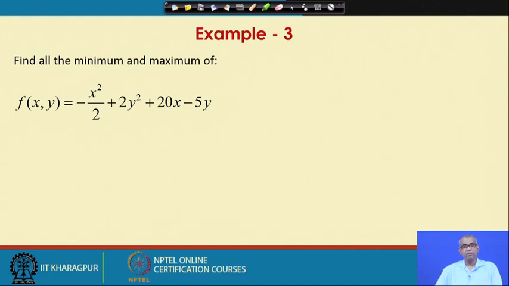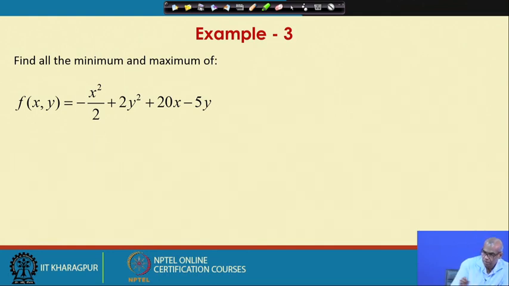So, let us take the third example. Again you have a function of two variables, minus x square by 2 plus 2 y square plus 20 x minus 5 y. So, again let us do the same thing. We have to take del f del x, we have to take del f del y and set those equal to 0.